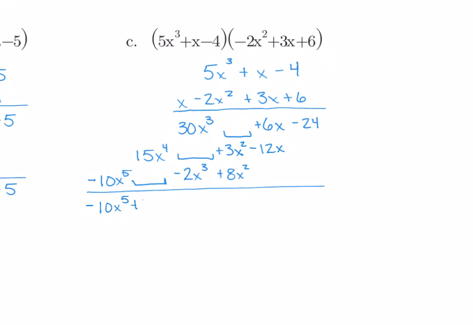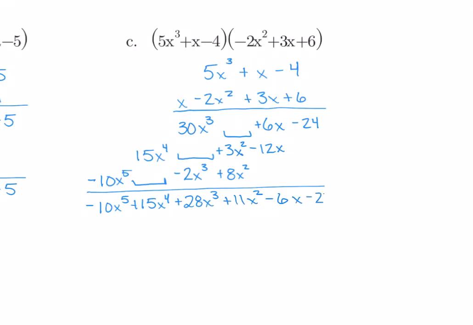plus 15x to the fourth. We get 30 minus 2 is 28x cubed. 3 plus 8 is 11x squared. 6 and negative 12 is negative 6x.